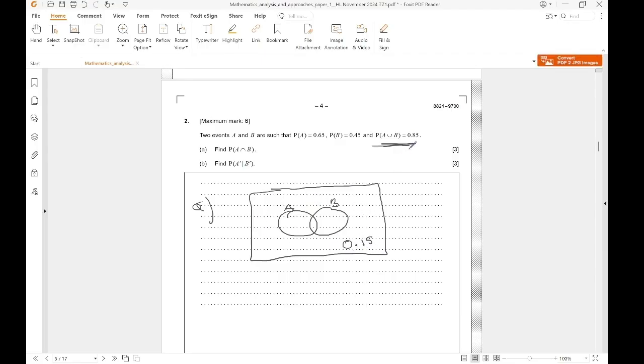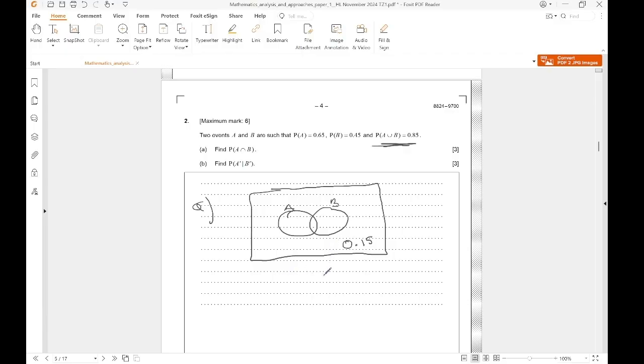Now they said P of A union B is 0.85, and P of A and P of B are both given. So you have to find the intersection, which finally gives you that value.